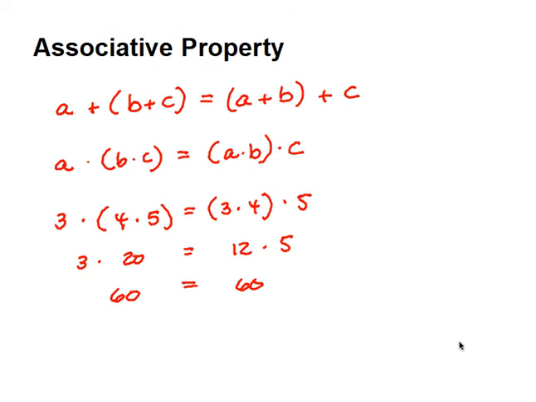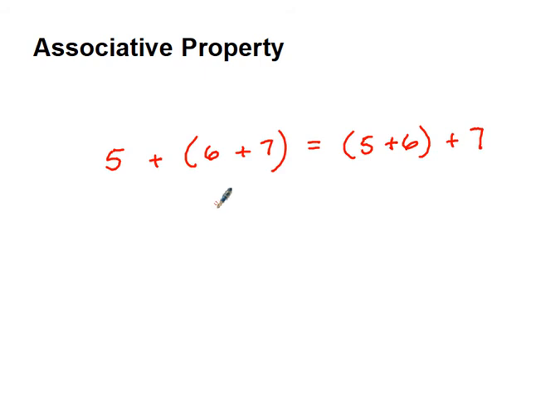Let me go ahead and give you another example. What if I had 5 plus the quantity 6 plus 7, and according to the associative property, that is equivalent to the quantity 5 plus 6 plus 7.